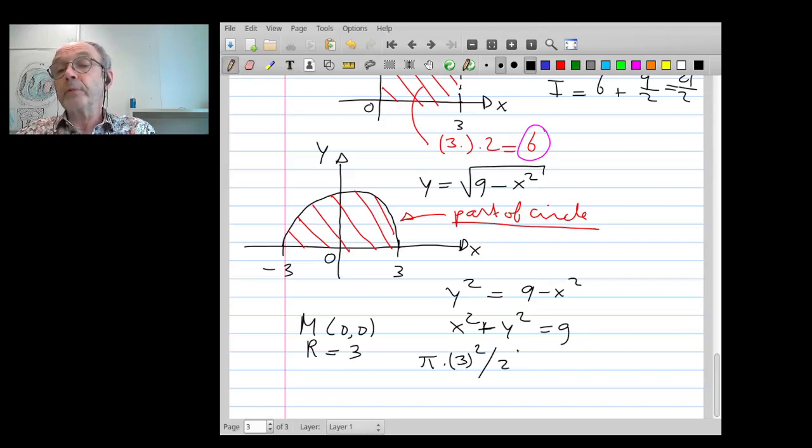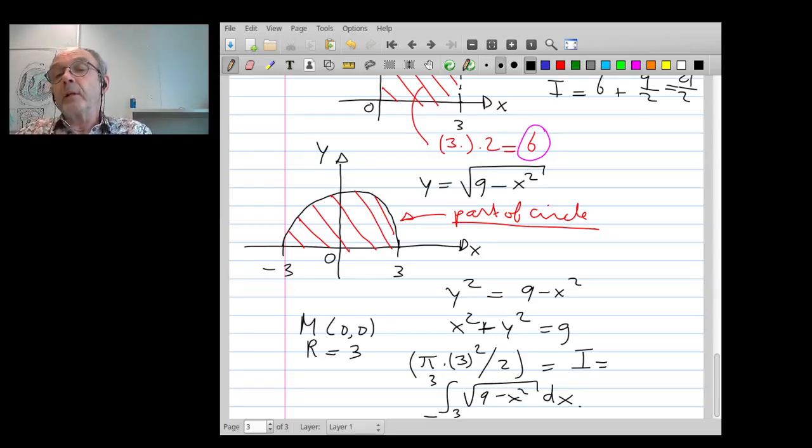We have a half circle. And here you have that integral. This will be the value of your integral. That integral will then be the integral from minus 3 to 3 of that square root, dx.